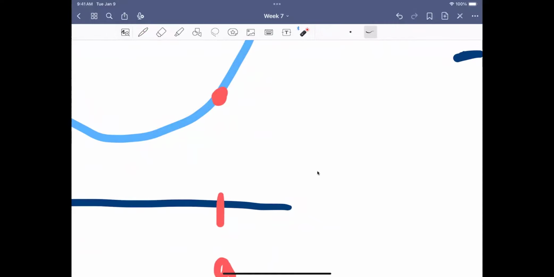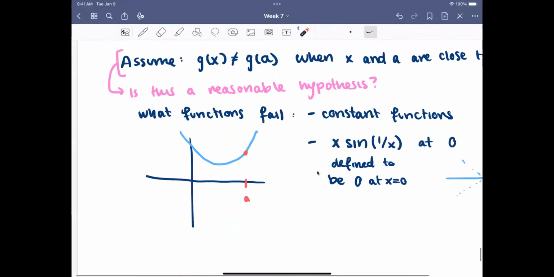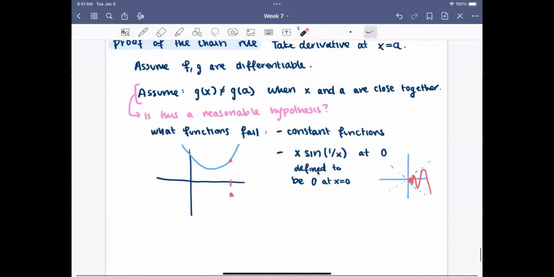Does that make sense? So anyways, this is my hypothesis, and hopefully we're happy with that hypothesis, that this will prove the theorem for most of the functions that we would encounter in our daily lives. Other questions?